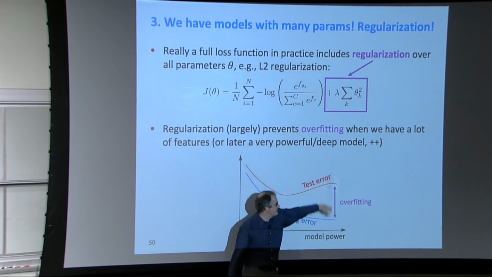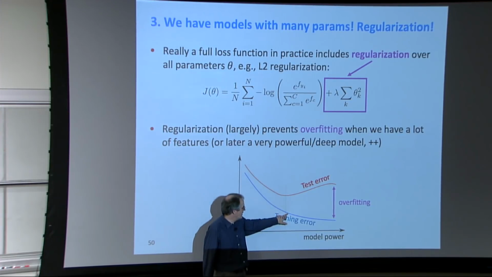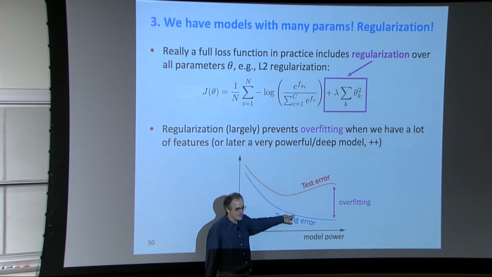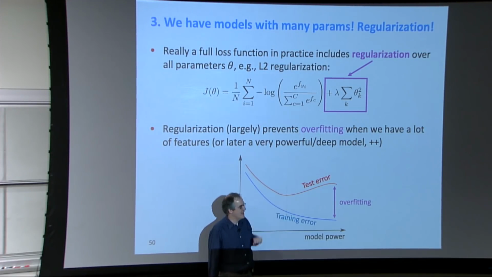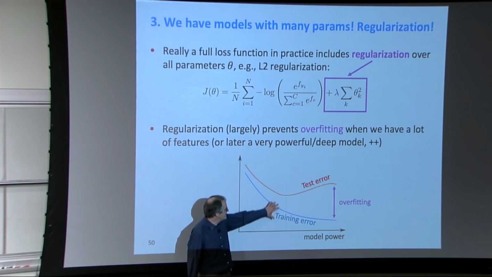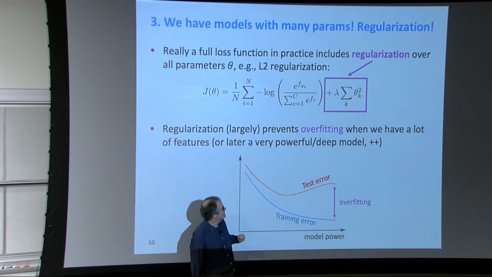And so this is then referred to as overfitting. From here on, the training model is just learning to memorize whatever was in the training data, but not in a way that lets it generalize to other examples. And so this is not what we want. We want to try and avoid overfitting as much as possible.